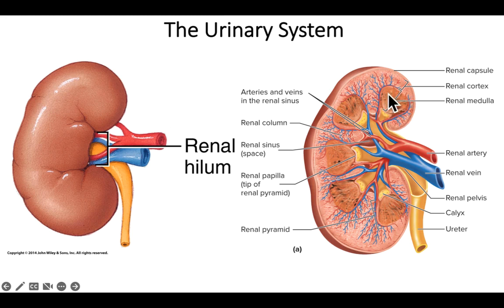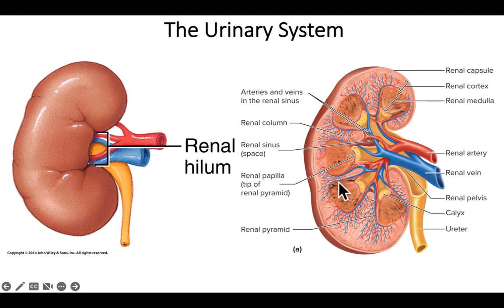They're actually pyramid-shaped structures, and those are called renal pyramids. They're found in this layer here called the medulla. So if you were to point to one of these, you'd be right by saying it's the renal medulla. You'd also be right if you said it's a renal pyramid. So the renal pyramids make up the renal medulla, which is this area below the cortex.